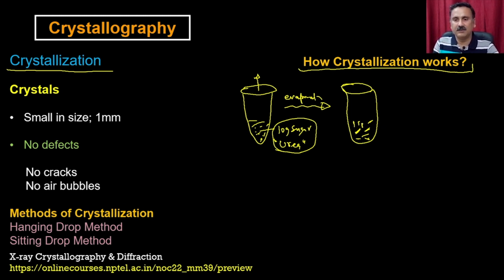When you take sugar, it will form sugar crystals, whereas if you take urea, it is going to give you spike-shaped crystals. So how is it happening? It is happening because when you are evaporating the water, you are basically increasing the concentration of the solute, right?